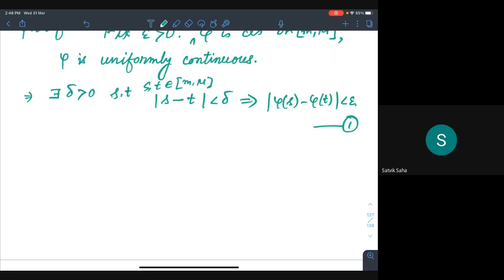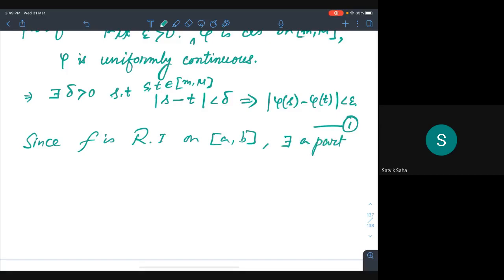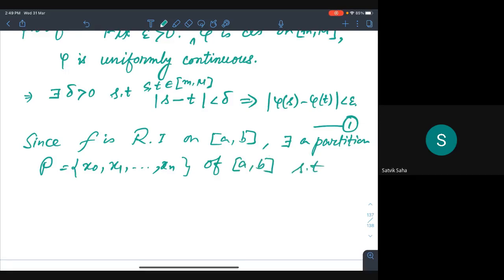Now we look at the Riemann integrability of f. Since f is Riemann integrable on [a, b], there exists a partition P, which is x0, x1, up to xn of [a, b], such that U(P,f) minus L(P,f) is less than epsilon.